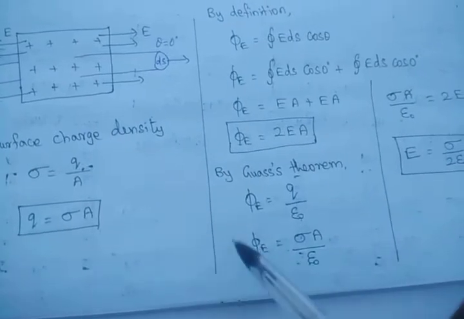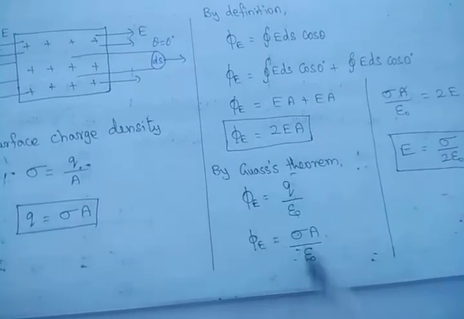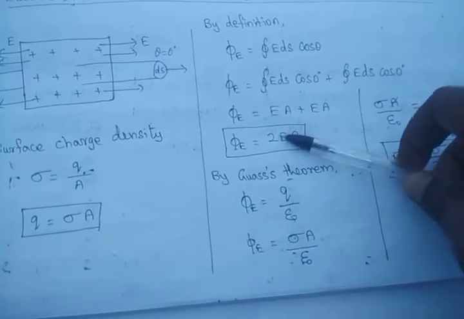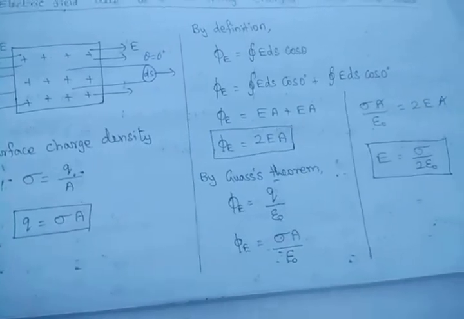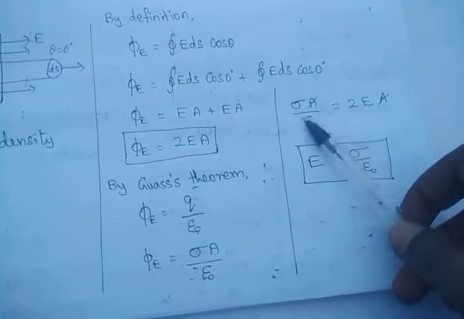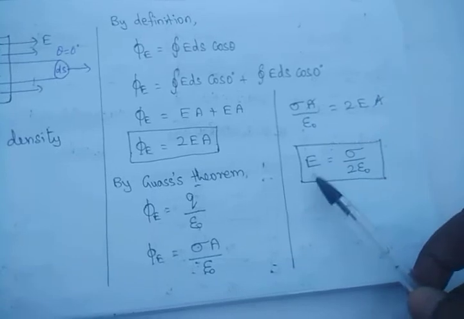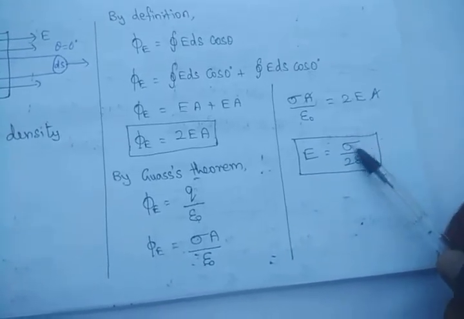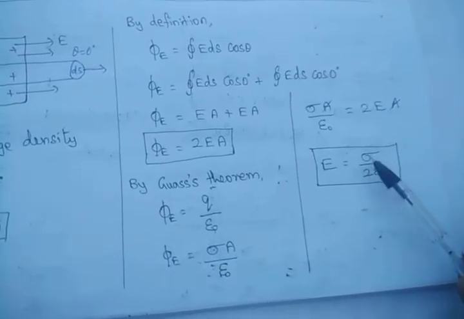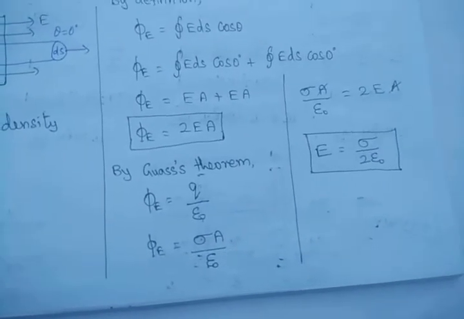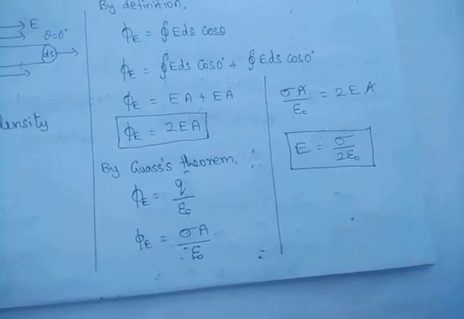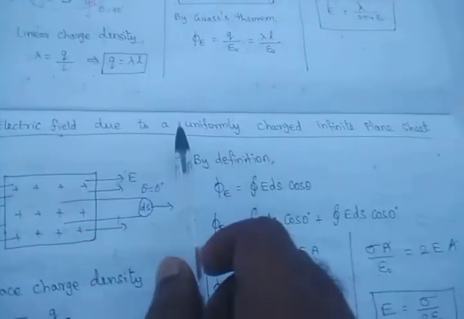This electric flux and that electric flux are the same; both equations represent the electric flux of this plane sheet. Hence we equate these two. The area gets cancelled, and finally we get the electric field due to a charged plane sheet as sigma by 2 epsilon naught. For a plane sheet, we represent the charge only as surface charge density. So sigma by 2 epsilon naught is the electric field expression for an infinite plane sheet.